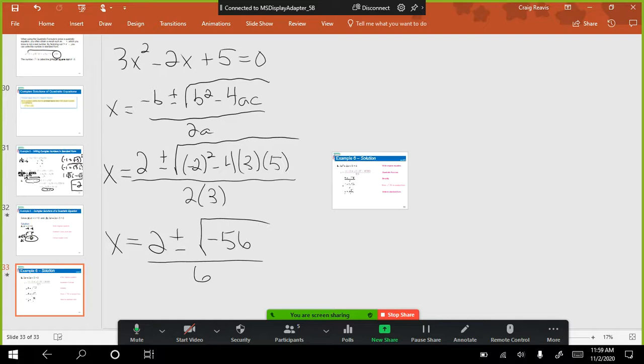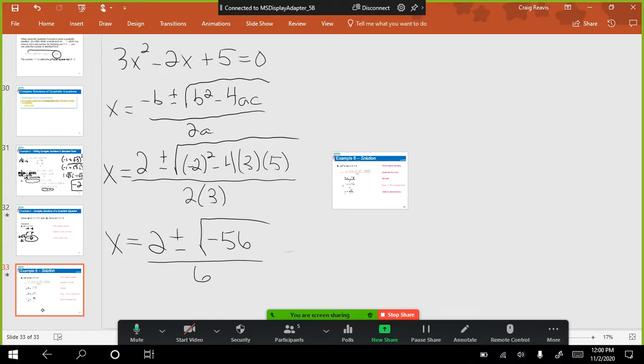But we are now dealing in complex numbers. And so we've got to simplify this square root of 56. I have to see if 56 has any perfect square factors. So will 4 go into 56? I think it will. 56 divided by 4 is 14.